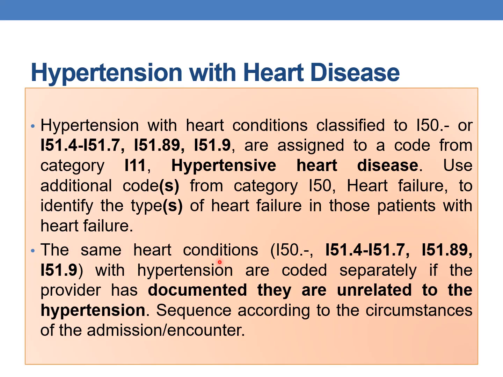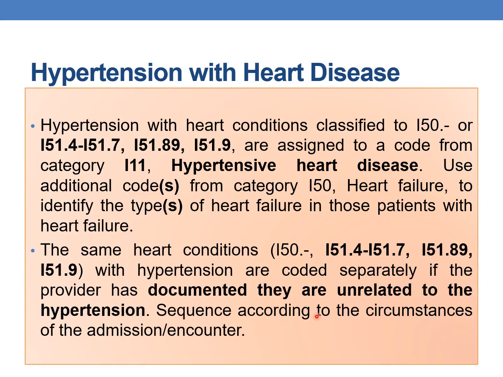The same heart conditions, I50 series or I51.4 to I51.7, I51.89 and I51.9 with hypertension, are coded separately if the provider has documented that they are unrelated to hypertension.